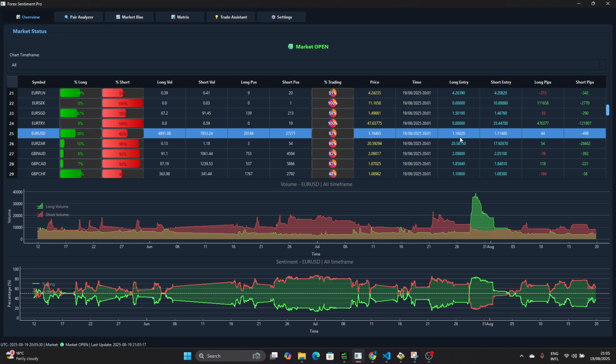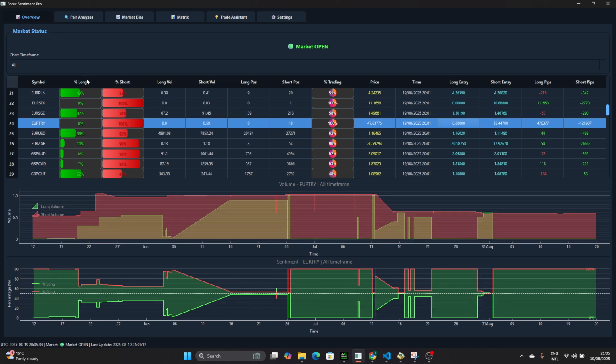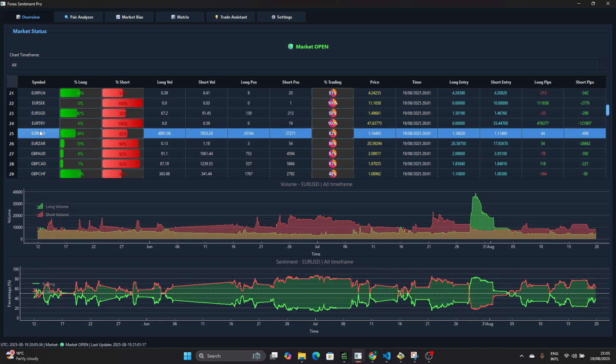Also, when you're looking at the, oops, I was changing the CROs again, sorry. Pay attention to these price levels, long entry and short entry. These are playing as key levels of support and resistance sometimes. Pay attention to those and then compare the long and short volumes at those levels, and look for price action around those levels.